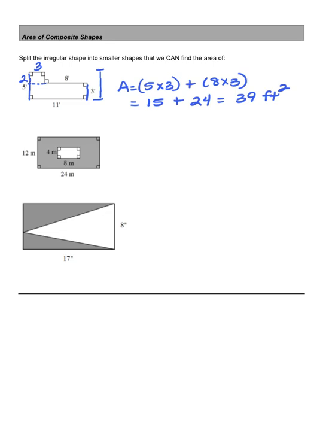You could even find the area of the entire rectangle and take off that part right there, and you're left with the area of the irregular shape. So any of those methods will work.